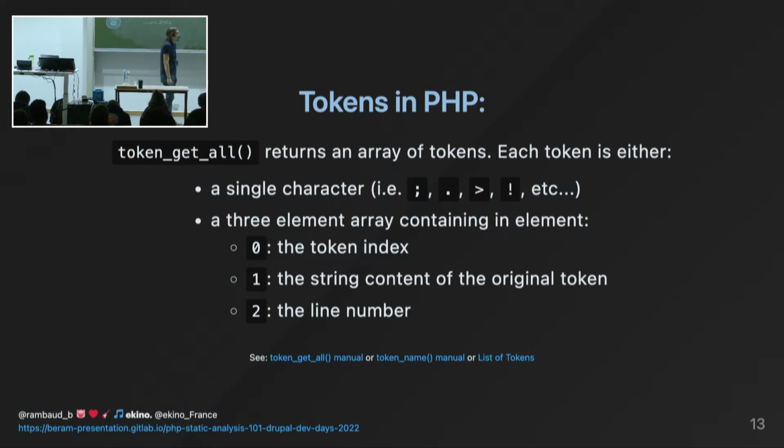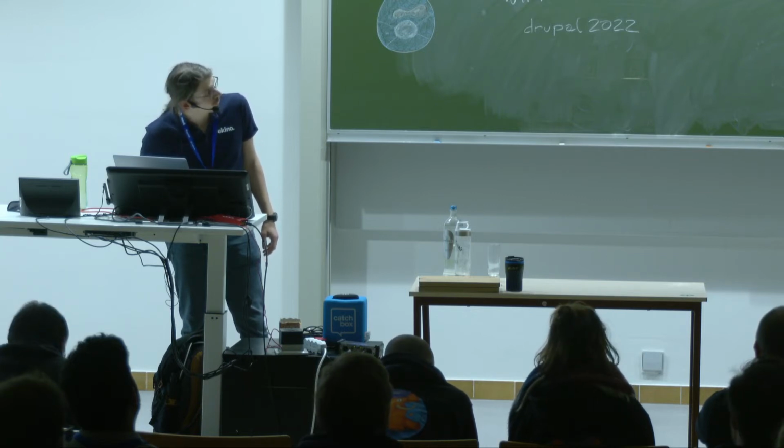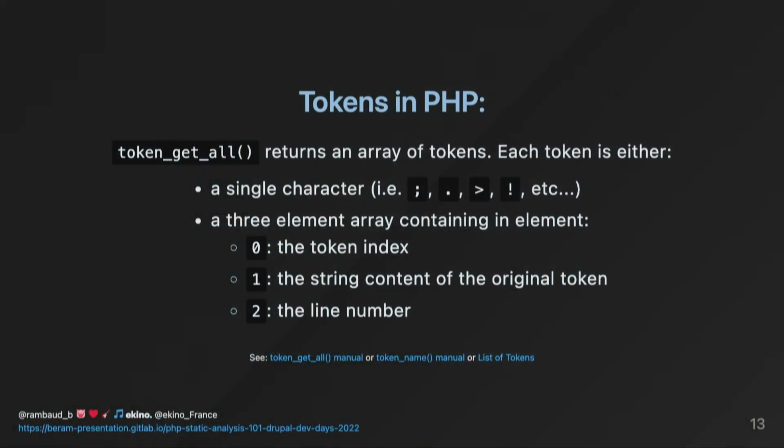To retrieve them all, it's great because we are using directly what PHP provides us. It's an old function named token_get_all. Since it's old, it has a very crappy, creepy API, because you are going to have an array of tokens, but each token will either be a single character or an array.